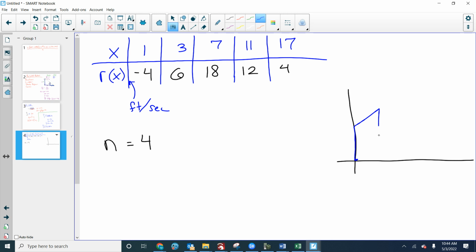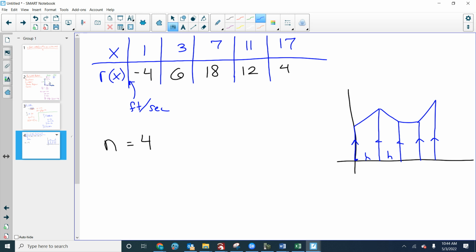Aren't they drawn like this? And remember the bases are the parallel sides. Aren't the H's the width of each interval? So we need to be careful. If all of the H's are the same, you can use the trapezoidal formula.